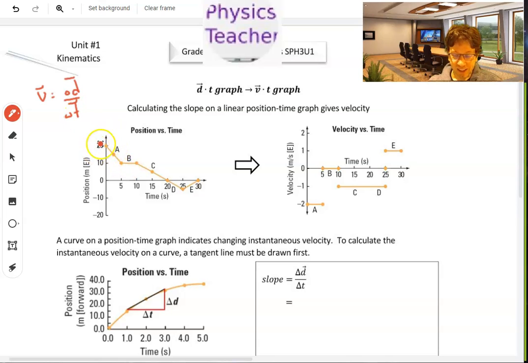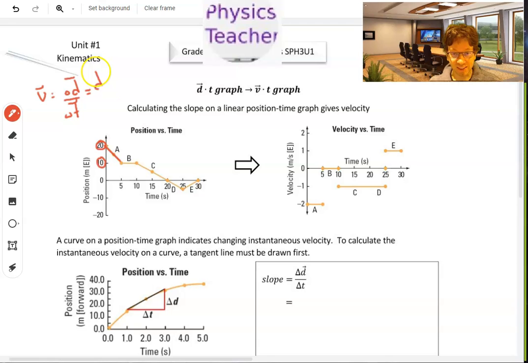So if we were to just look at this first portion right here, we have a certain change in position from here at 20 meters east to here at 10 meters east. And a change in position represents our displacement.